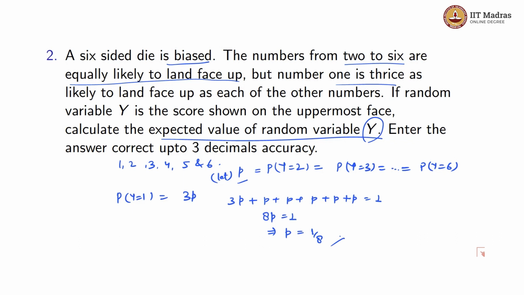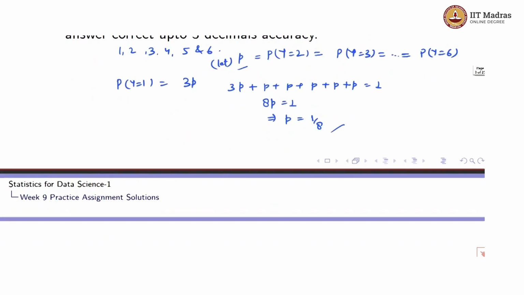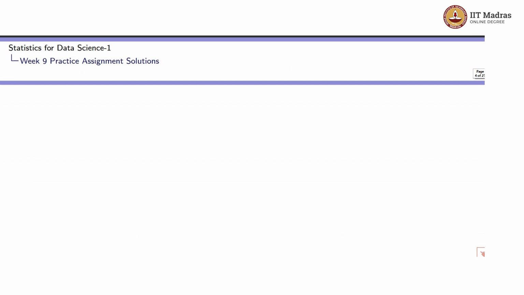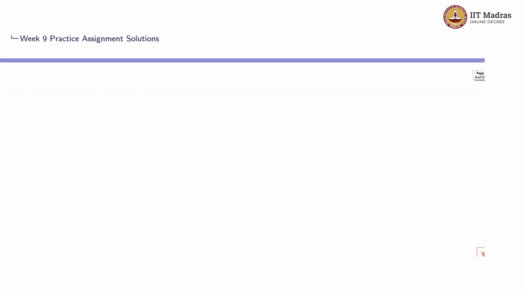Now what we have to find out? The expected value of the random variable y. So for finding expectation, what we have to do is put the value of the random variable with its probability. So it is taking value 1 with the probability 3p, it is taking value 2 with probability p, and so on.